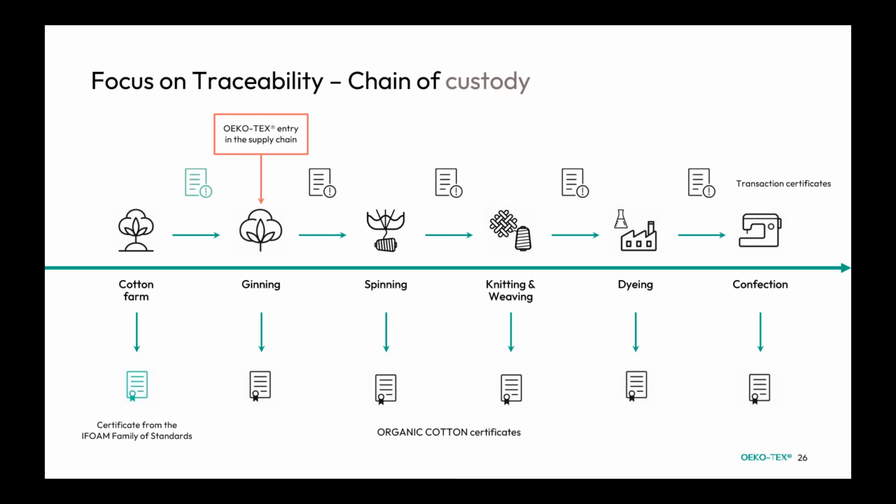So starting from the ginning process up to spinning, knitting, and weaving, dyeing, and confection, we really want to have each step certified along this chain to really see if there is full organic cotton, so we can avoid any kind of greenwashing. And we also work together with the certificate from the IFOAM family of standards at the cotton farm level.